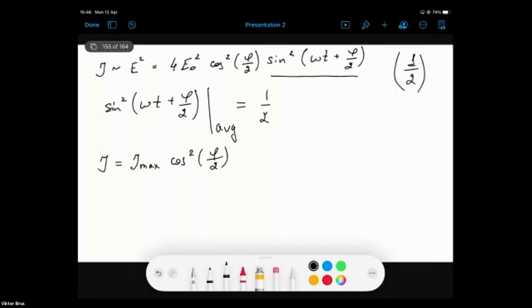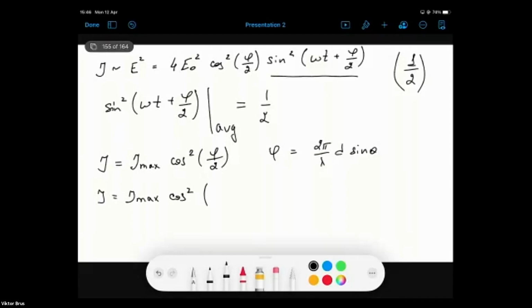And now if we substitute instead of phi its expression which we derived in the previous slide, that was 2 pi over lambda times d times sine theta, we will get, this will be already the angular position distribution of light intensity. I maximum times cosine square.